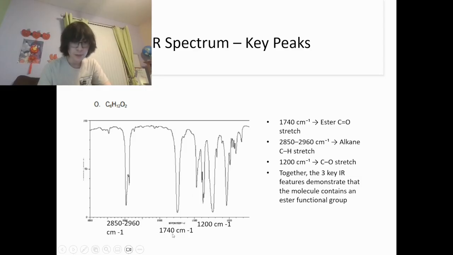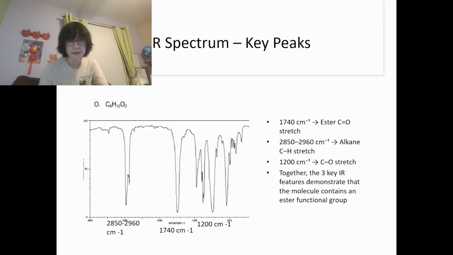For the second peak we have 1,740 centimeters inverse, and here we would get an ester carbon double bonded to oxygen stretch. Excuse me. And then this third, final main peak we have here will be 1,200 centimeters inverse, which gives us a carbon to oxygen single bonded stretch.